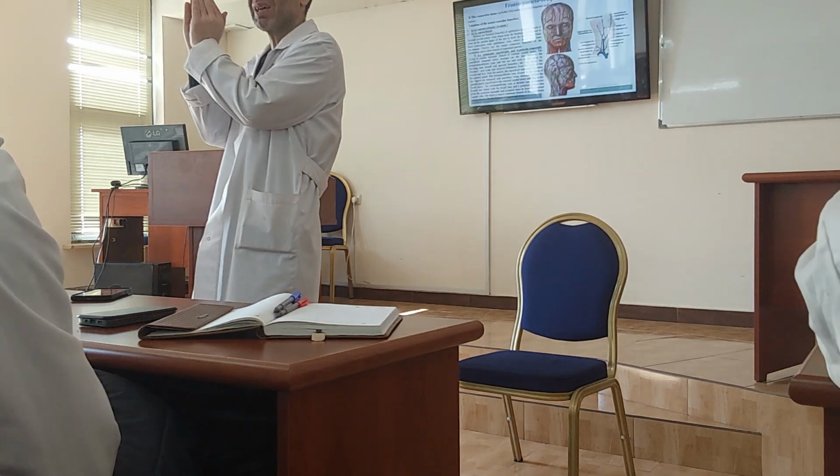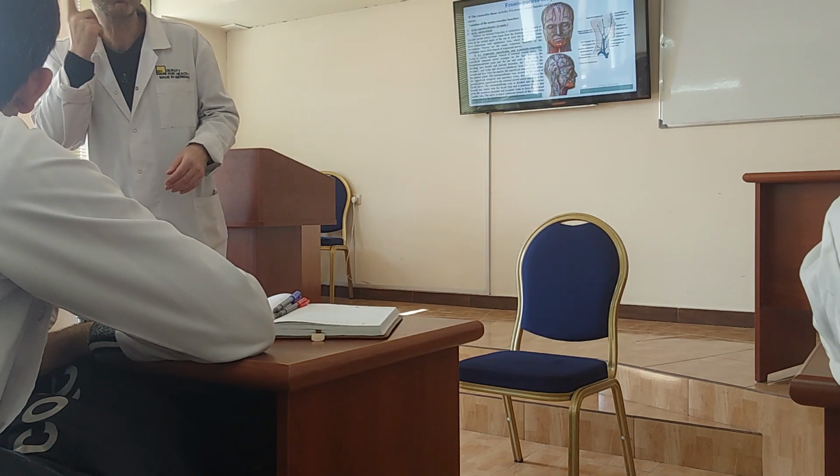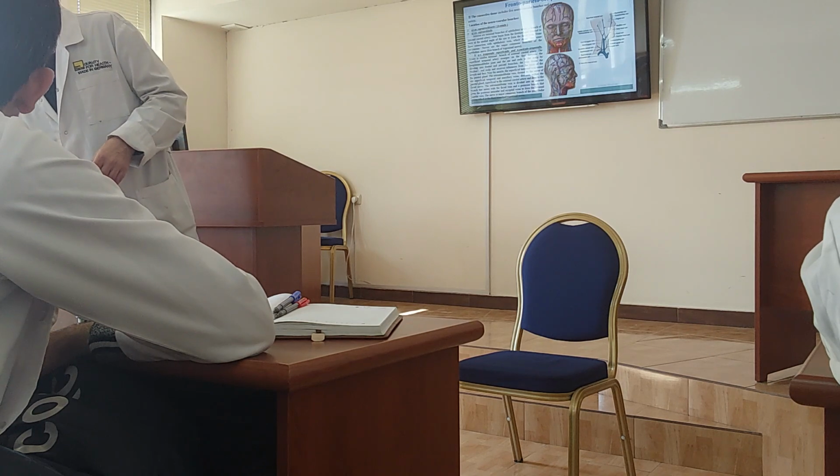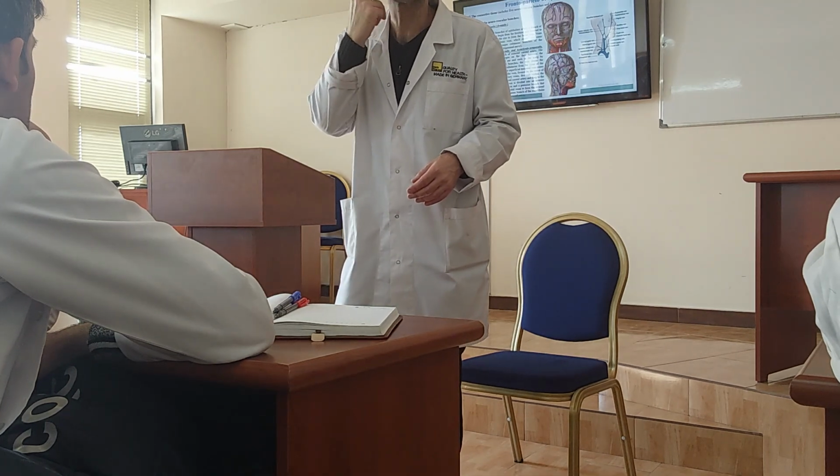One minute attention. Now we don't speak about the temporal bone, we speak about fossa temporalis, which is between the temporal fascia and this thin bone. This fossa temporalis, behind the zygomatic arch, communicates with a part of your face which we call fossa infratemporalis.